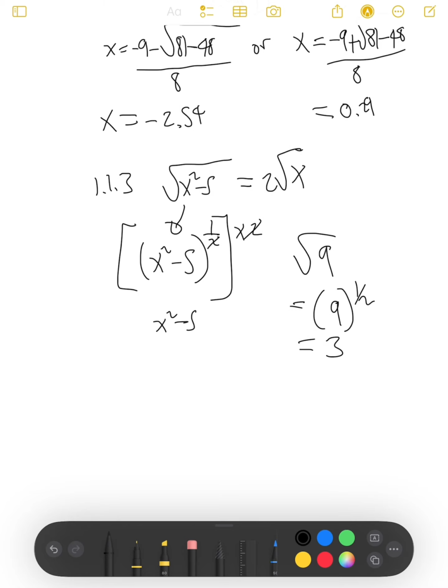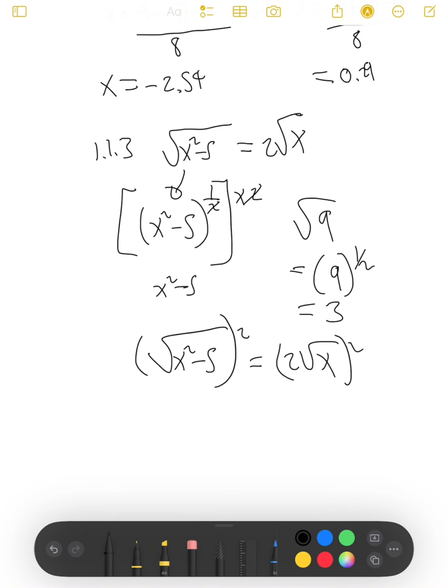Here we're going to use the same logic. We raise this to the power of 2, and on this side we also raise it to the power of 2.